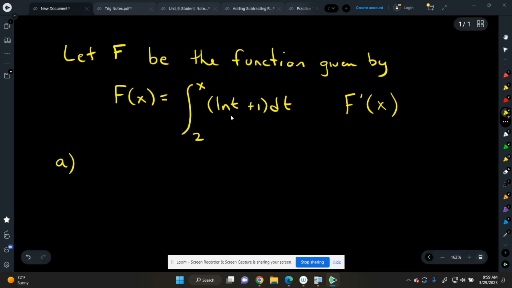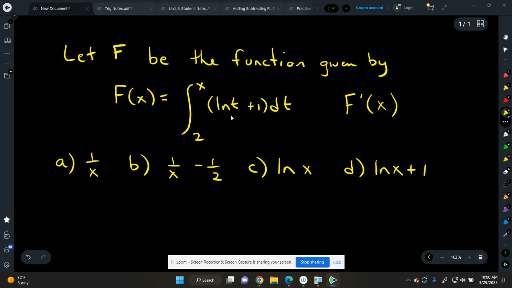We've got choice A, 1 over x, choice B, 1 over x minus 1/2, choice C, natural log of x, choice D, natural log of x plus 1.